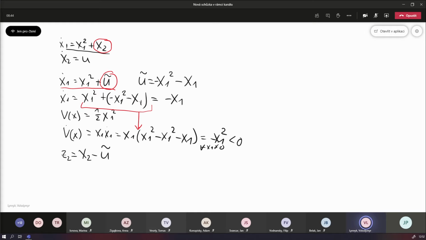Then x2 equals z2 plus u tilde, and z2 equals x2 minus u tilde, which is x2 plus x1 squared plus x1.